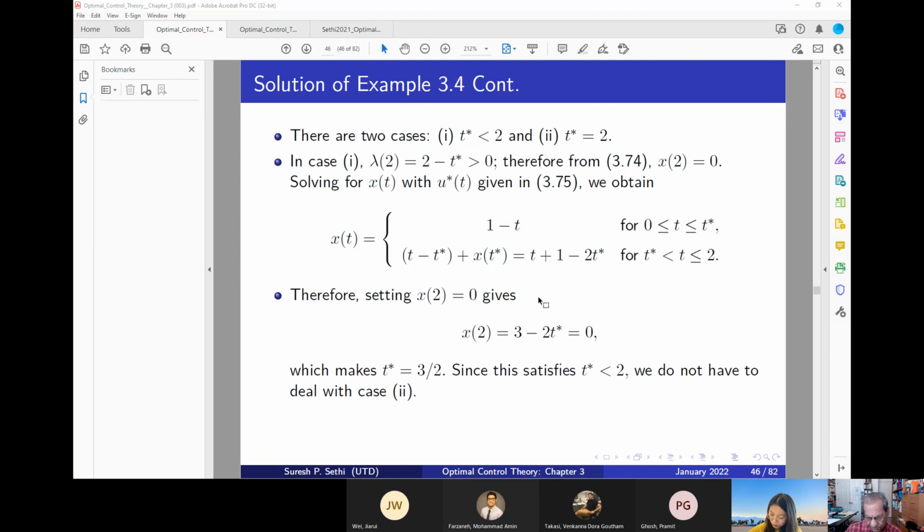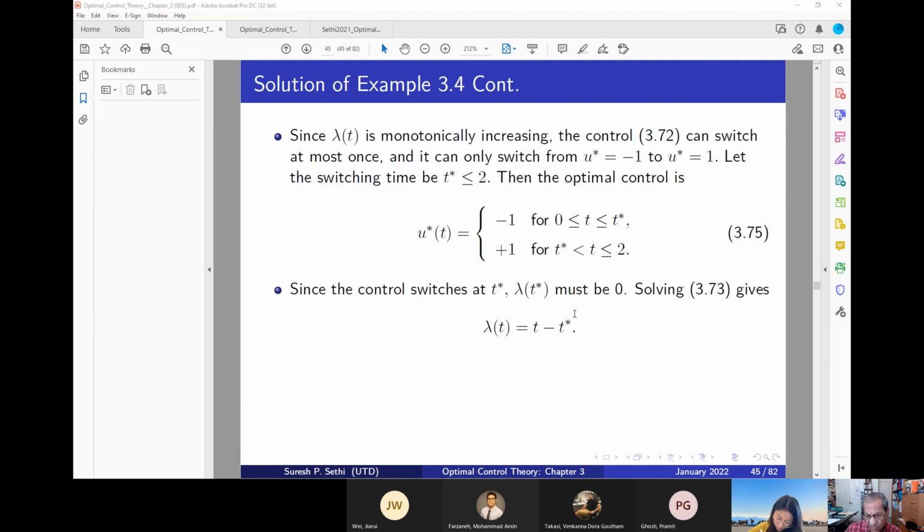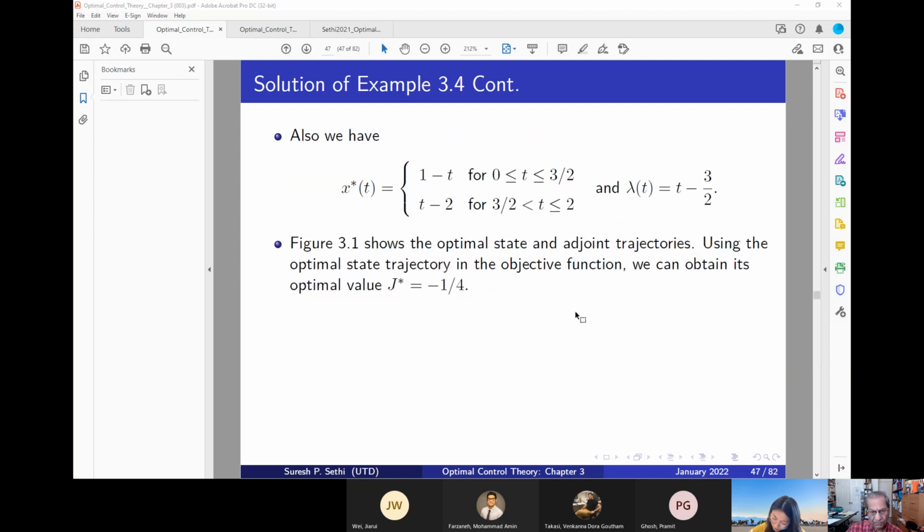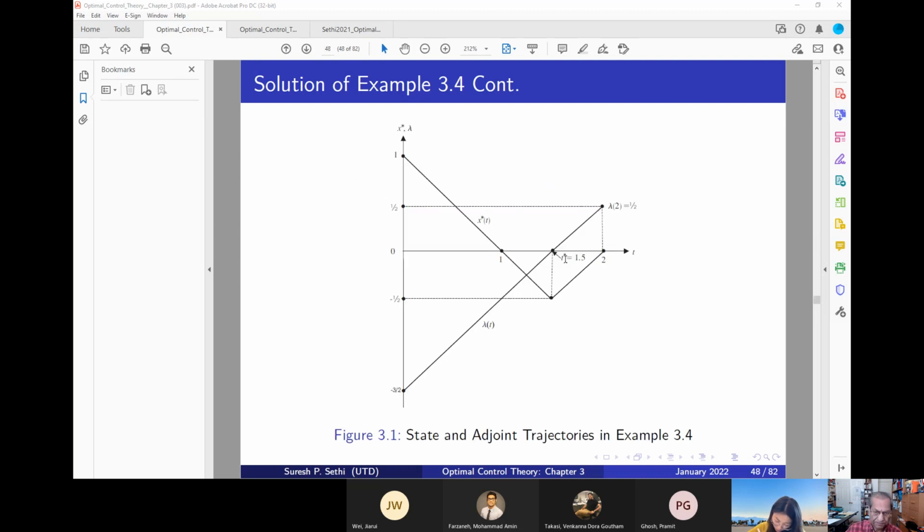Both cannot be optimal. Now, T star is less than 2, exactly 3 by 2. When it's 3 by 2, we also solve this problem because we just set this equal to 3 by 2. So exactly at 3 by 2, this lambda t will become 0. And now we have a picture. Lambda t is t minus 3 by 2, and J star can be easily computed.